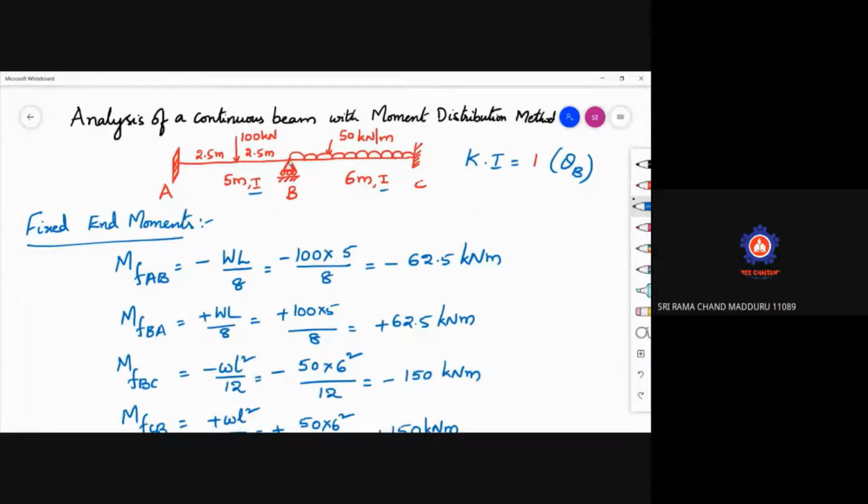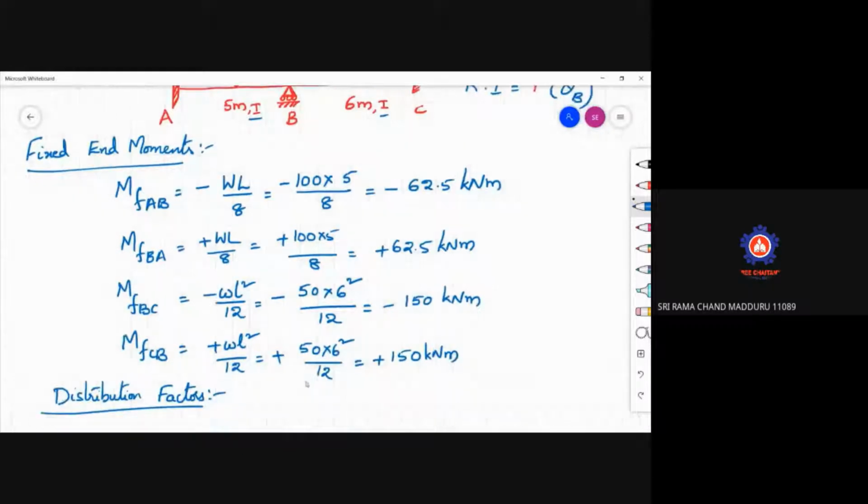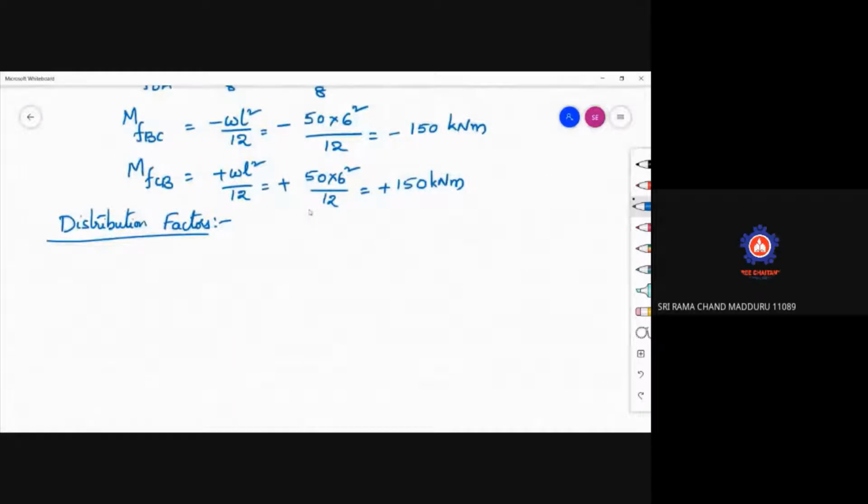So as it is a continuous joint, continuous support, at this point we need to consider what is the distribution factor towards BA as well as towards BC according to the relative stiffness of the members. So we have already written distribution factor. So this is at joint B.